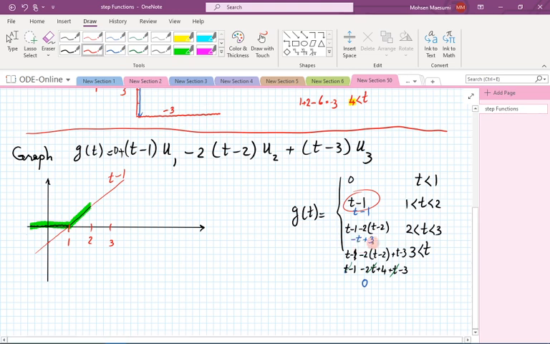Its y-intercept is 3, slope is minus 1. This is 1 and 2 and 3. Sorry, I have to go up here. So it's a graph that comes like this.